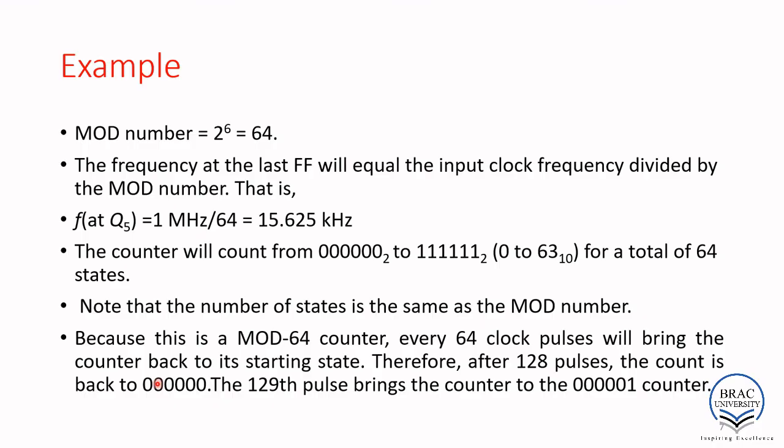If you double it, after 128 states it will be back at 60. So to find the state after 129 pulses, it will be just the next state after 60, which is 61. This is the state after 129 pulses.